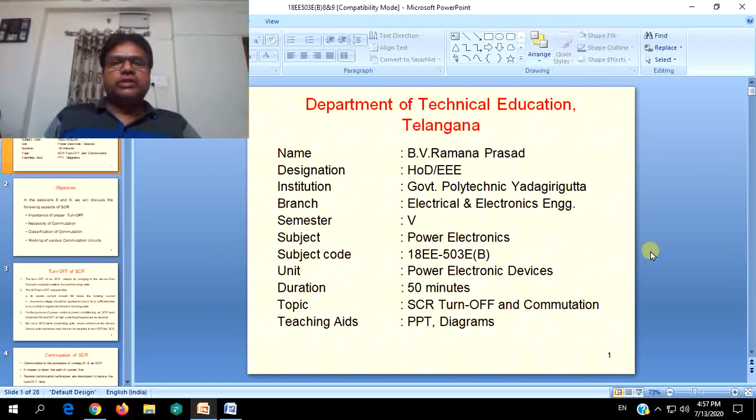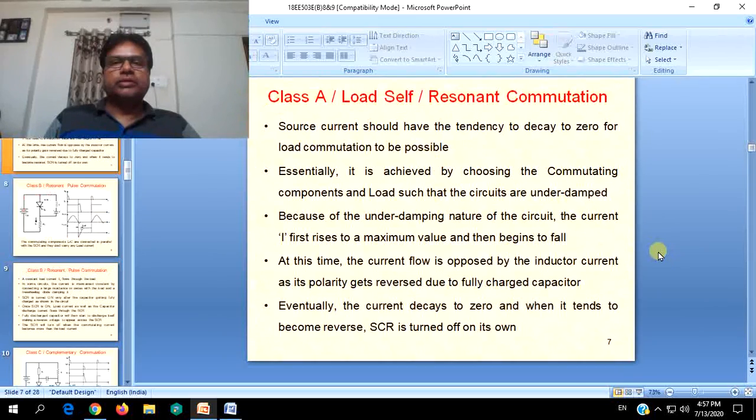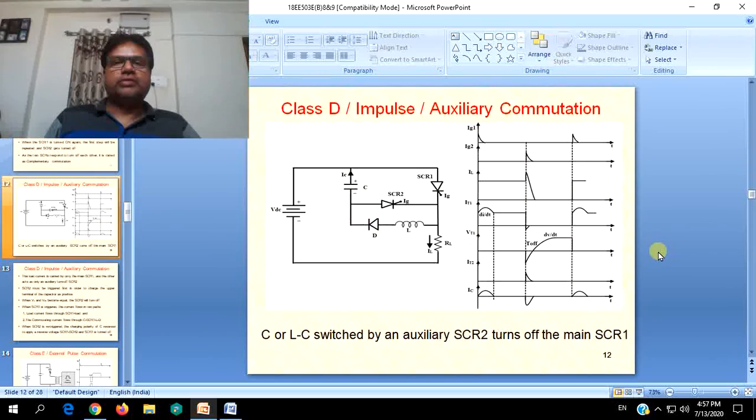To start with, in this session we will be discussing class D type of commutation. Class D type of commutation is also known as impulse type of commutation, as a voltage in the form of a sudden pulse will be applied across the main SCR to turn it off.